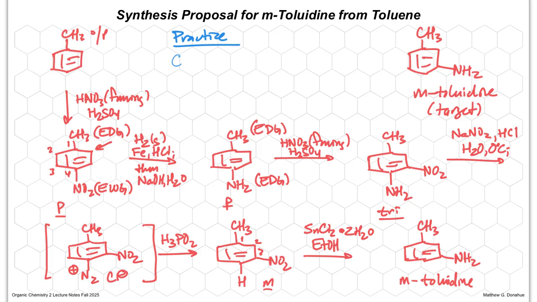So the ring is 6 carbons, the methyl makes 7.